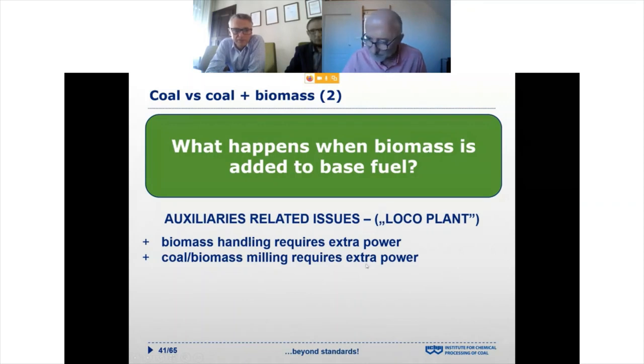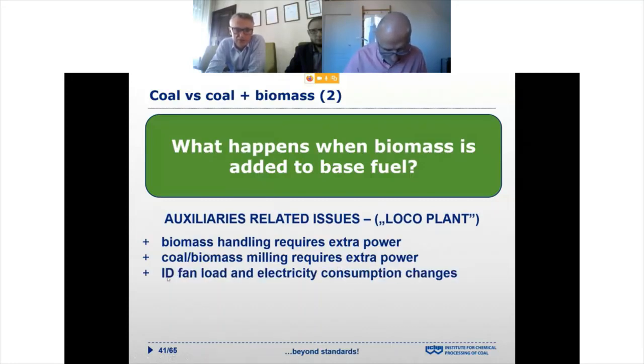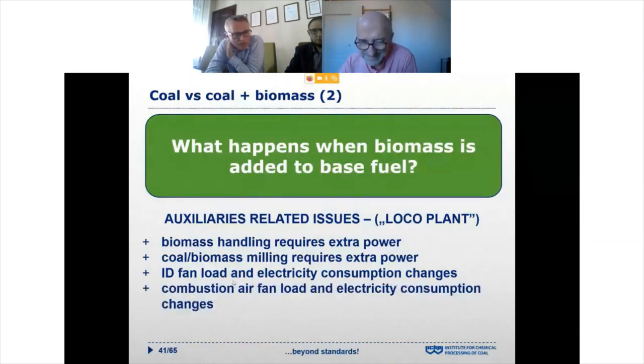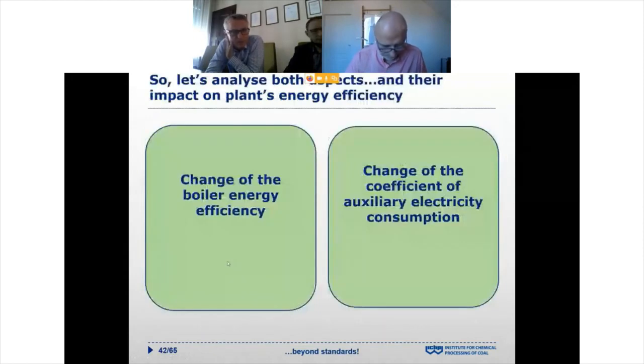Then we use extra force to mill the coal and biomass mixture, so again we need extra power. And as already mentioned, the induced draft fan load and the electricity consumption to drive this fan change, and the combustion air fan load and electricity consumption change. So again, we directly have more consumption of electricity.